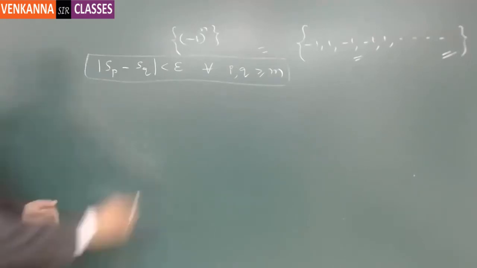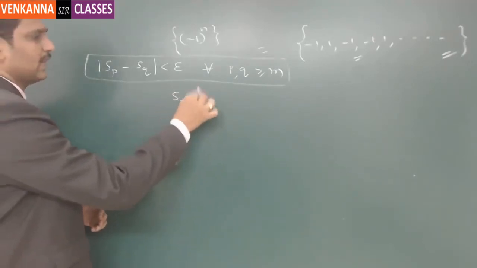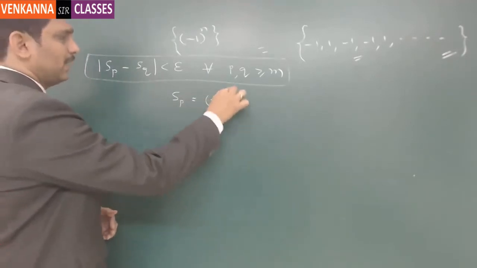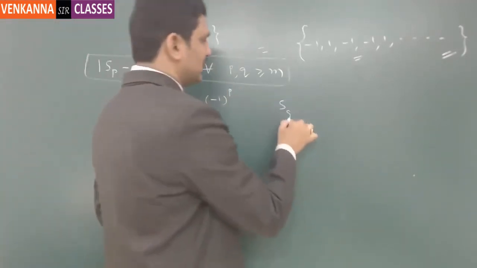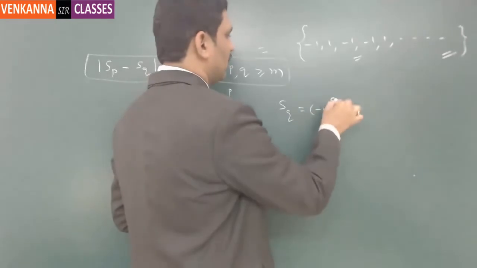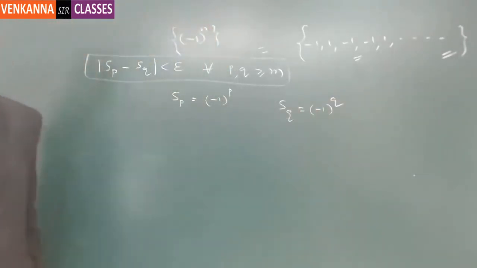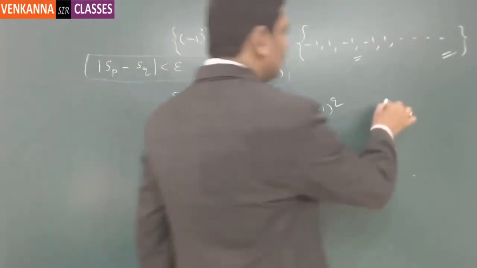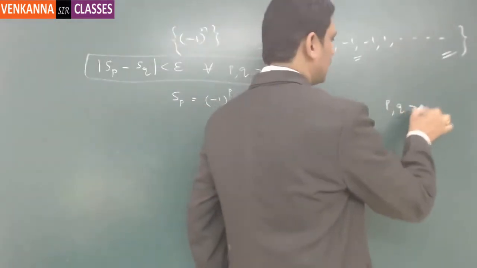So if you have taken SP, it is nothing but minus 1 whole power P. If you have written SQ, it is minus 1 whole power Q. Accepted? And obviously I have taken that P, Q are greater than or equal to M.